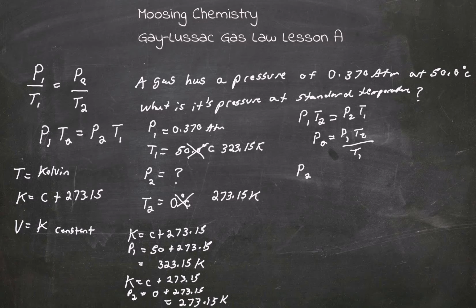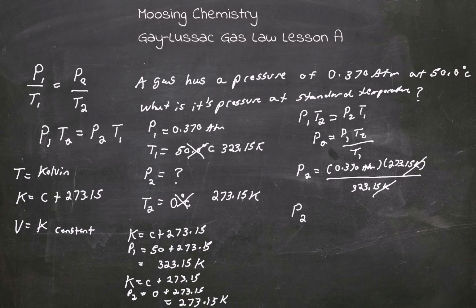So P2 equals our first pressure, 0.370 atm, times our second temperature, 273.15 K, divided by our first temperature, 323.15 K. My K's cancel out, leaving only atmospheres.